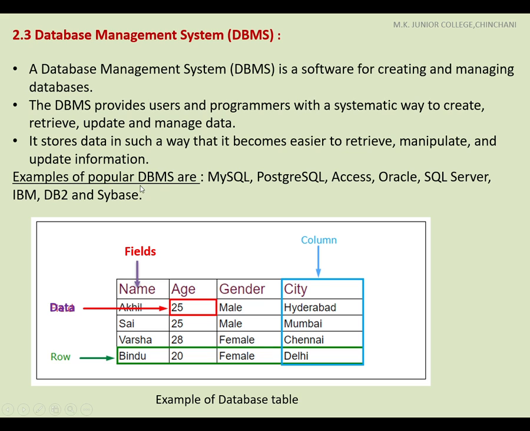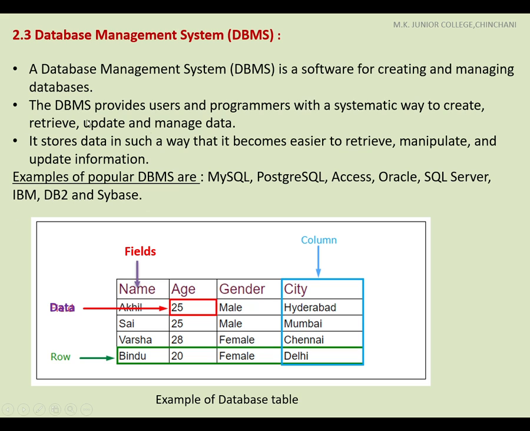Now some popular DBMS software which are available and which are generally programmers and users are using. Okay, so see these names you have to remember. MySQL is one of the DBMS software. PostgreSQL, MS Access, Oracle, SQL Server, IBM DB2, and Sybase.